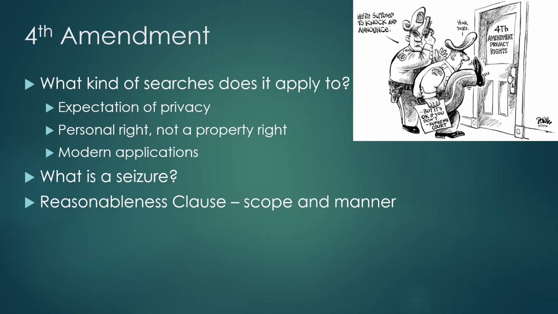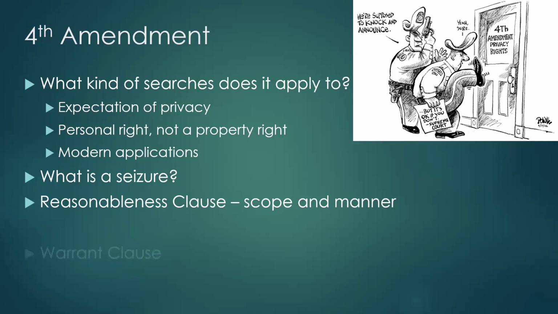So the greater the evidence is, the wider the scope and extent of the search or seizure can be. It's got to be connected and appropriate in light of the police officer's knowledge. And the manner of the search, like the manner of the seizure, when can the police use force, for example? That's part of the reasonableness clause.